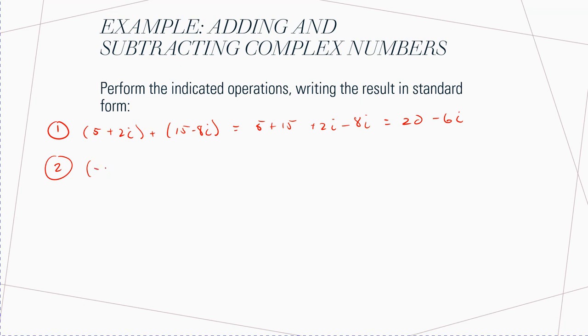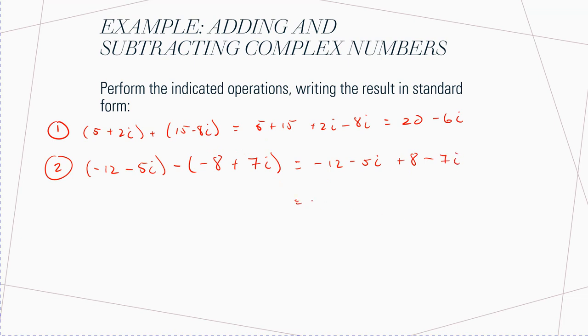Now let's look at minus 12 minus 5i, minus 8 plus 7i. We have this subtraction here, so we'll do the extra step and distribute the subtraction. Minus 12 minus 5i, minus becomes plus, so plus 8, and minus plus becomes minus 7i.